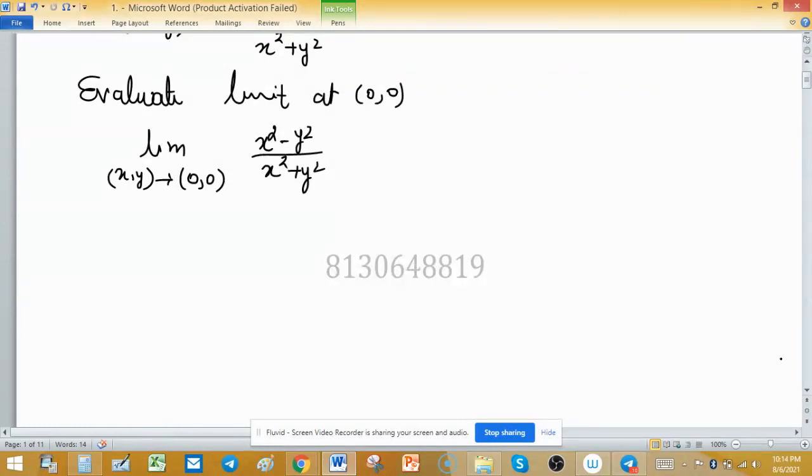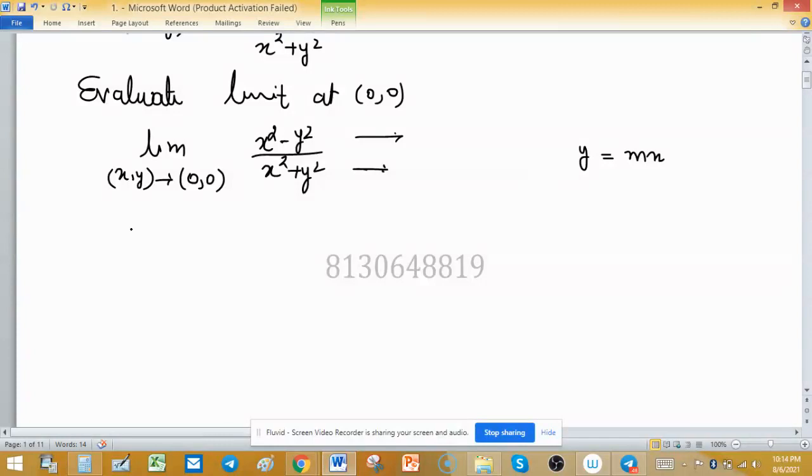So we solve this problem. First, we cannot find the limit along all paths, so we will try along some particular paths. You can observe in the numerator and denominator of x square minus y square that the powers of x and y are the same. So if we put y equal to mx, it will transform the complete function into one variable.